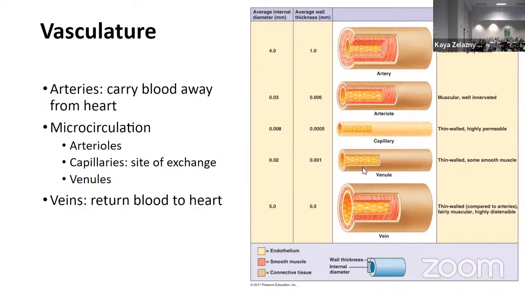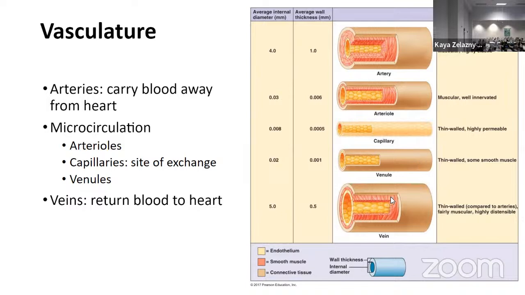Then we build back up. So our venules start to get larger than capillaries, but now we're moving back towards the heart. They're relatively thin-walled. A difference between the arteries and the arterioles is while they may have some smooth muscle, it's not really a significant component here in our venules.